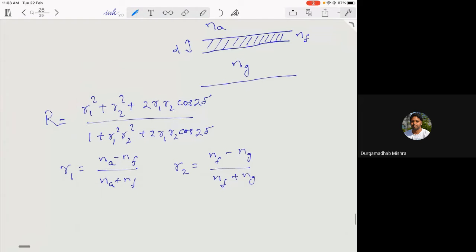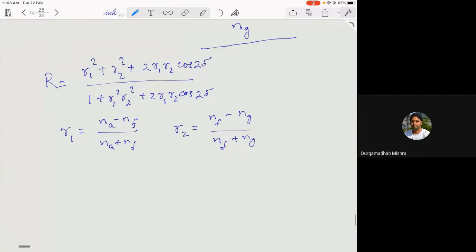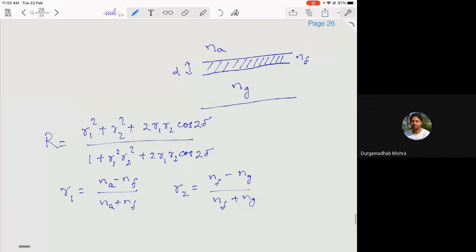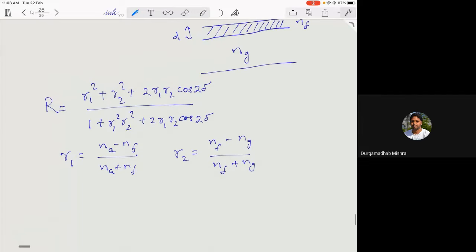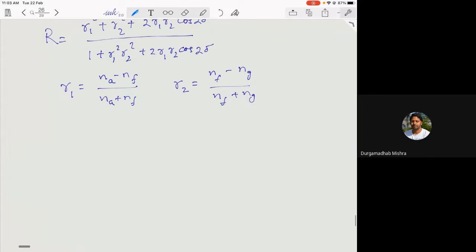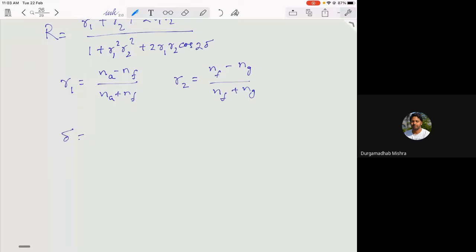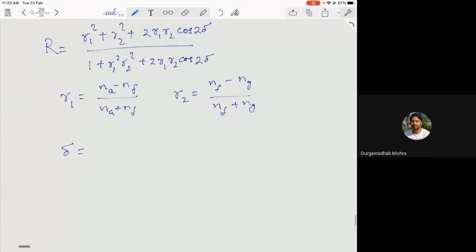Now, the phase difference delta is what appears in the reflectance. So delta is nothing but 2 pi by lambda into the path difference, Nf d.